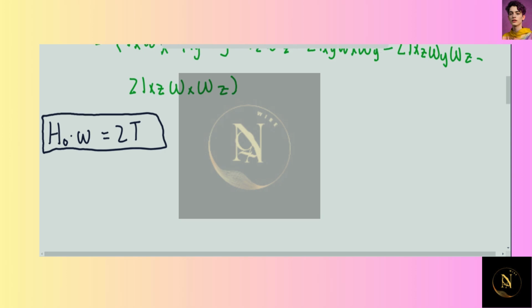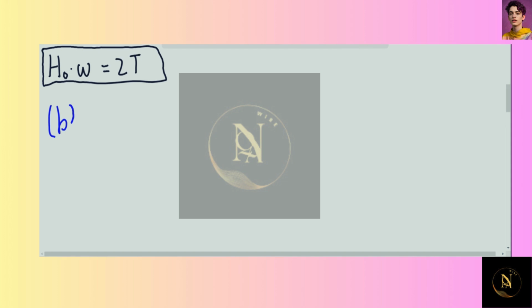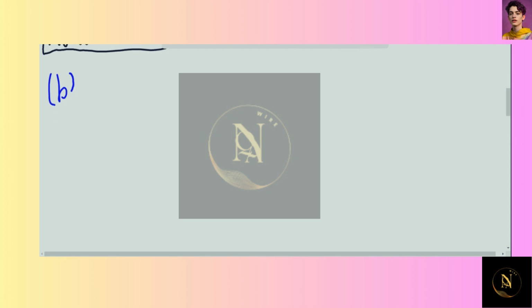So next we'll prove that the angle between h of O and omega is acute, or less than 90 degrees. So from the dot product, we can say that h of O dot omega is equal to h of O times omega times the cosine of theta.